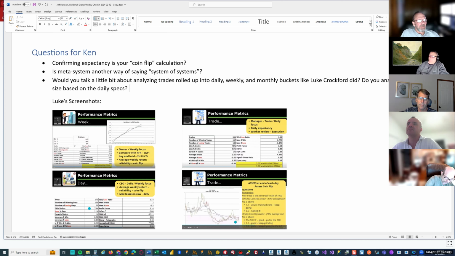Is there any utility in actually using a daily roll-up for position sizing or other analysis, or is it primarily a psychological tool? I think it's both. When you're at that level of proficiency, it actually does make more sense to look at the size of the trade, the standard unit of risk per trade, to decide if I want to start risking more.